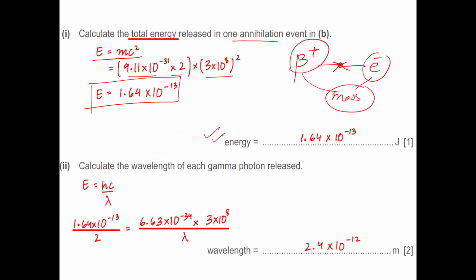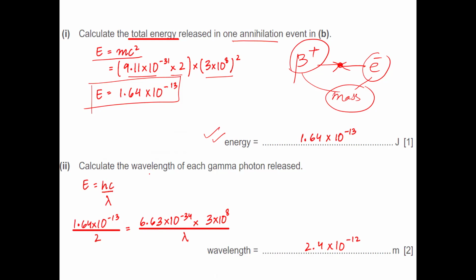And last but not the least, it can be asked to find the wavelength of each gamma photon. So we have to find the wavelength of each gamma photon. We studied this in the chapter of quantum physics, how we can find the wavelength with respect to the energy.